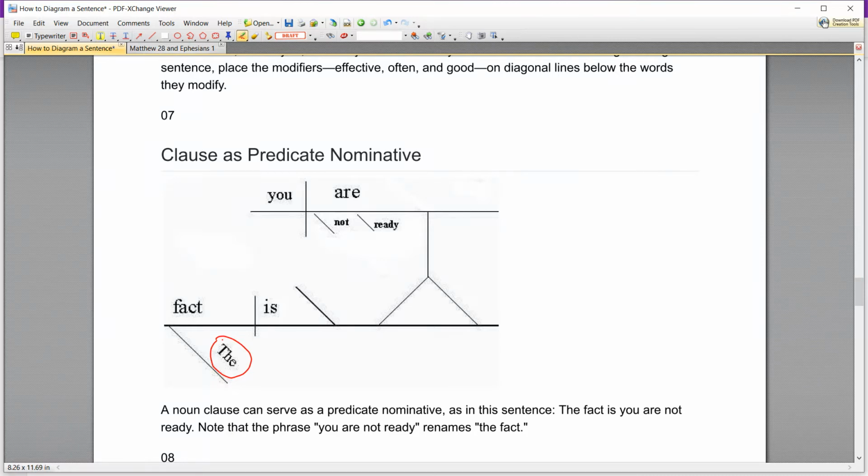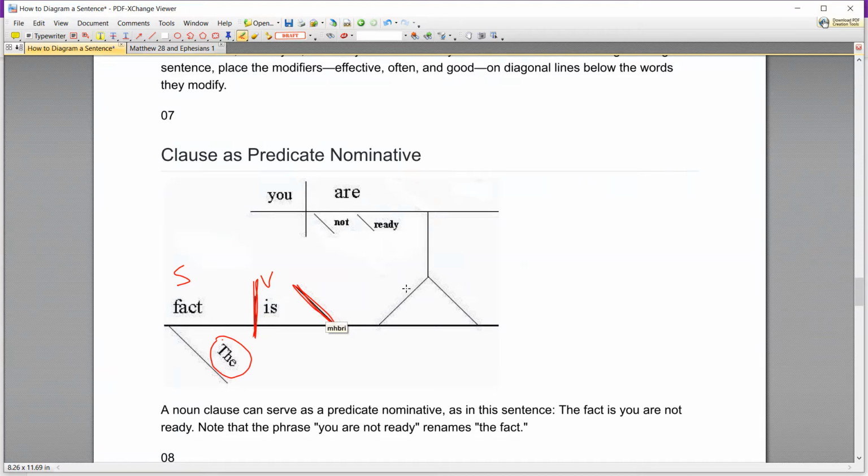So fact is the subject and the verb is, there is a vertical line, and whatever is following is the predicate. So we need this diagonal line, and then the predicate is a clause. It's not just one word, it's a clause.